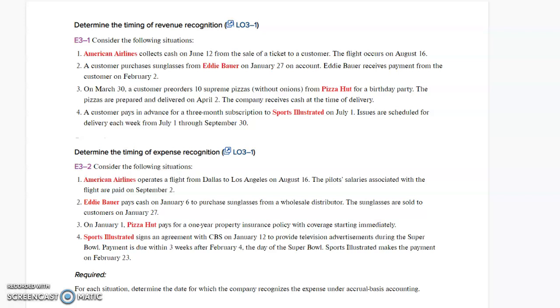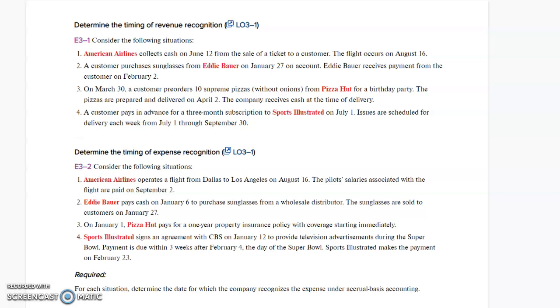They sold the glasses in January, so they're going to record the sale as a revenue in January. They did not receive cash yet, so they're going to record accounts receivable in January. Then when the cash is received in February, we're going to decrease the accounts receivable and increase the cash. So there we have one asset going up and one asset going down.